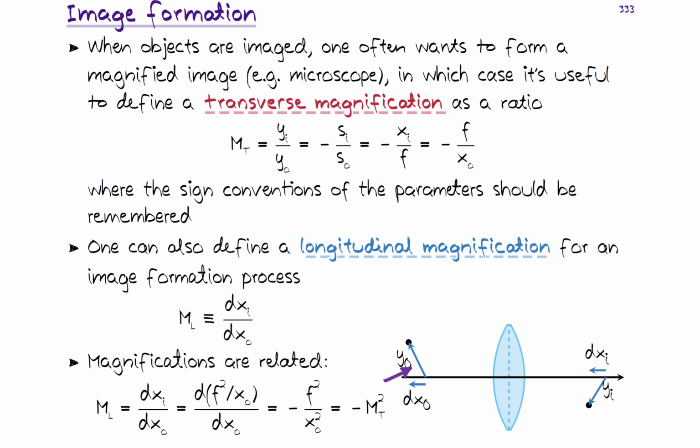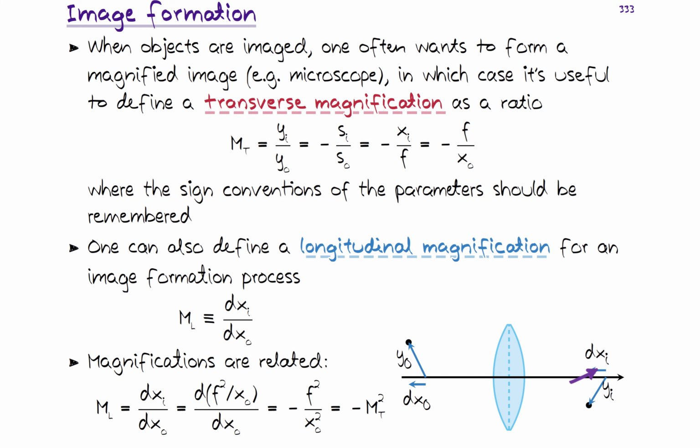And then I can draw a triangle here and consider that this small deviation from the original plane of interest is the total differential of xo. And similarly, when an image is formed, there will be a similar shift towards the lens, and this shift will be the total differential of xi.